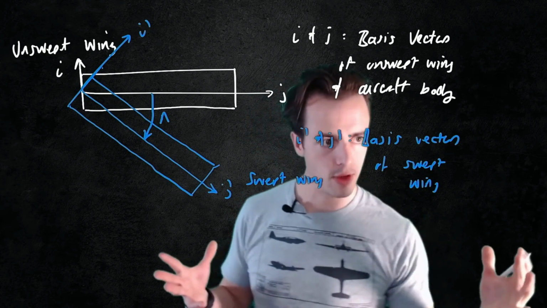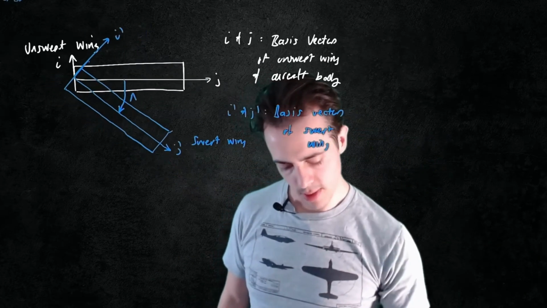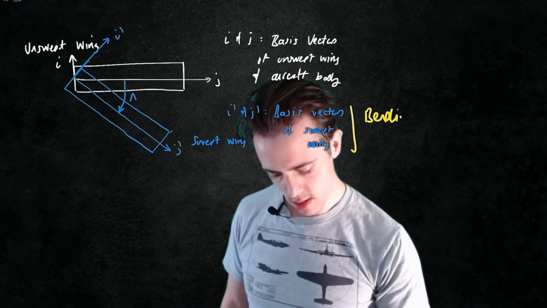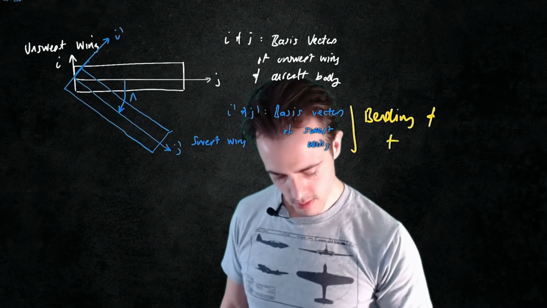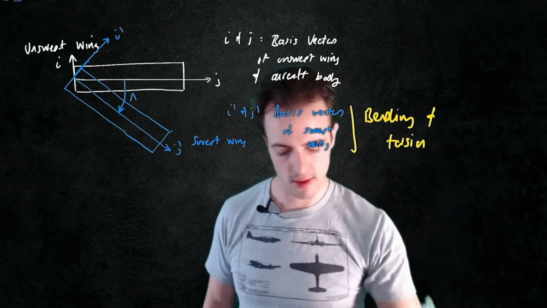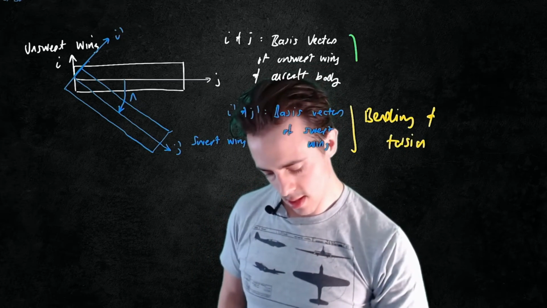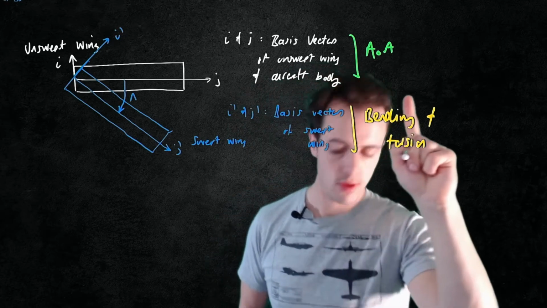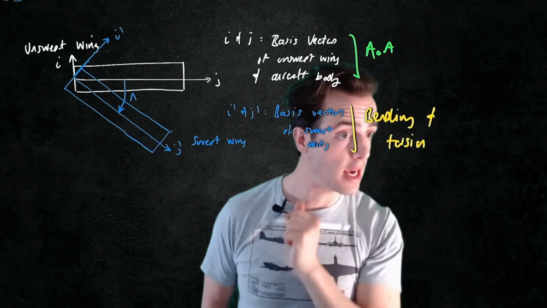So the reason that we introduce these basis vectors is because when we're talking about bending and torsion, they occur within this coordinate system. Angle of attack occurs within this coordinate system here.